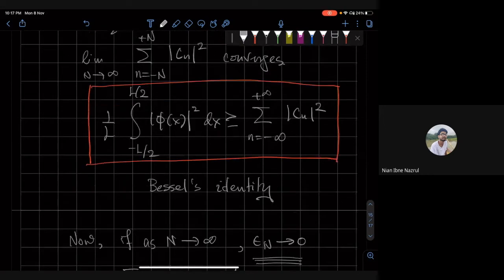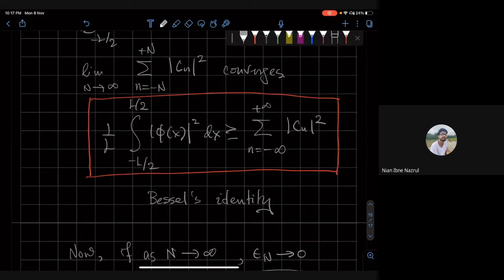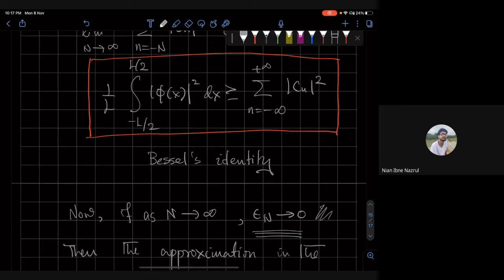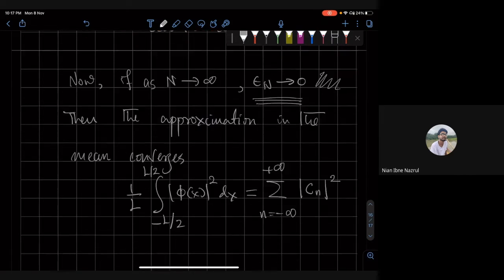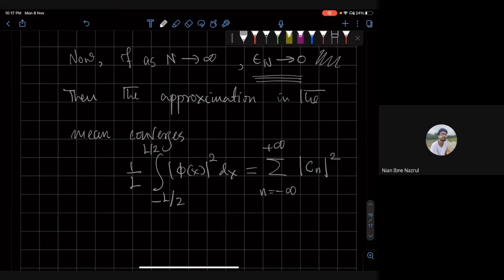The Bessel identity is valid whether or not this happens. Okay. But if this does happen, then we get a limiting form of Bessel's identity.